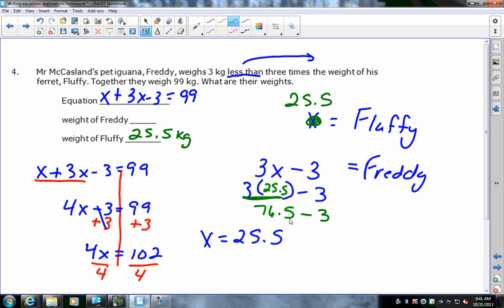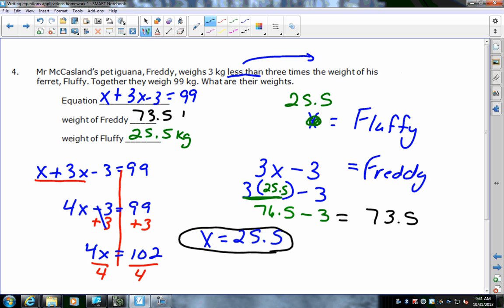Y'all are confusing me. You keep yelling numbers at me. Okay, so, look, 3 times 25.5 is 76.5. Then subtract off the 3, so I get 73.5. 73.5 kilograms is how much Freddie the iguana weighs.